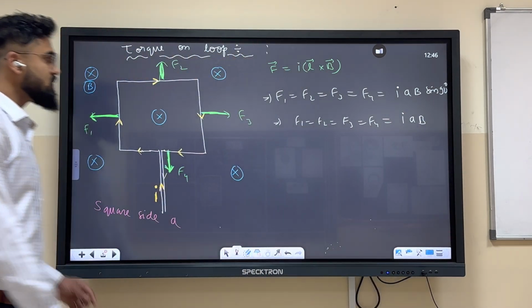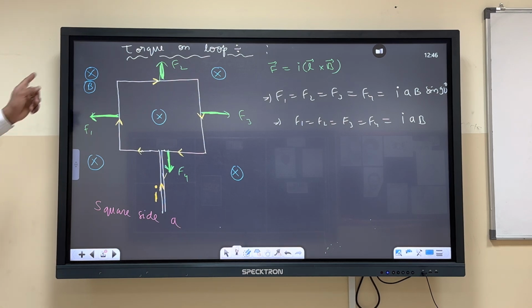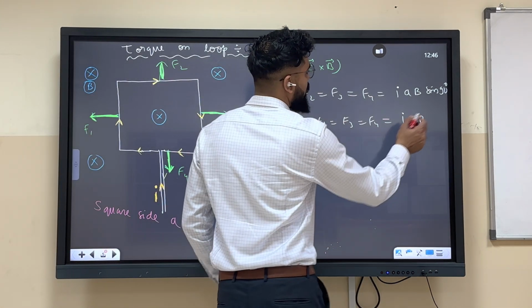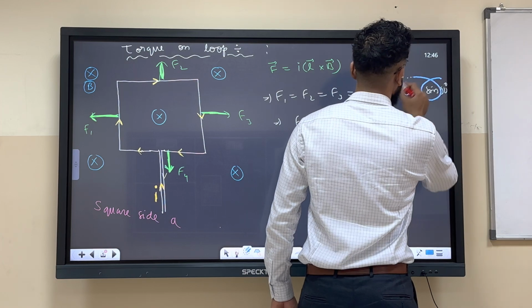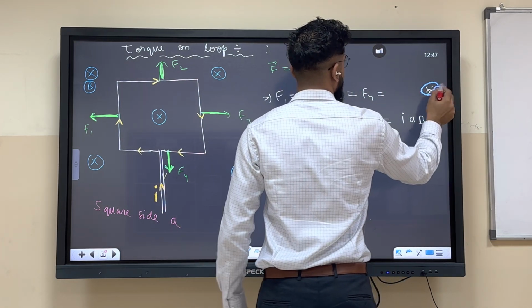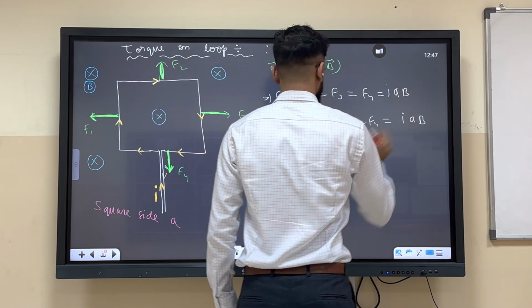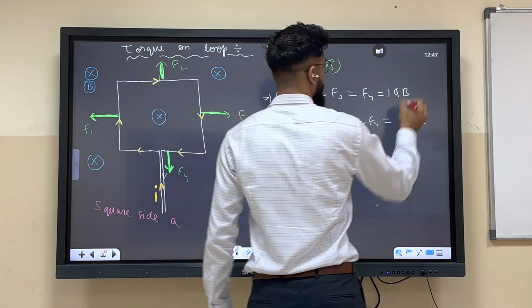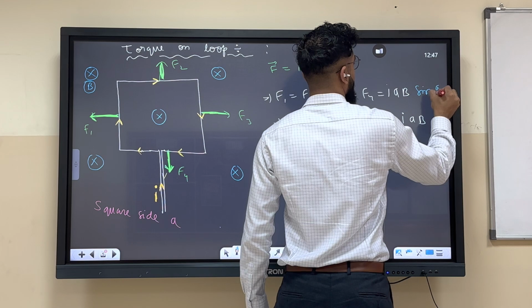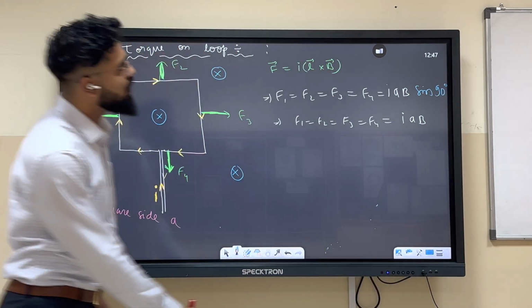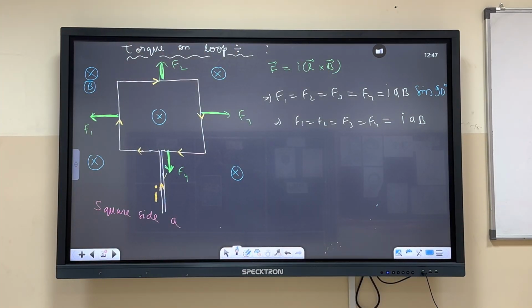Now, if I ask you what the net force on this loop is?